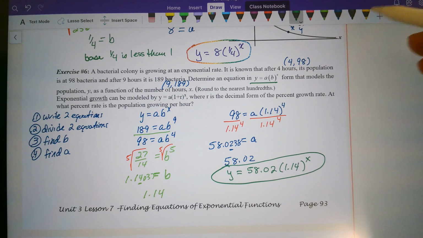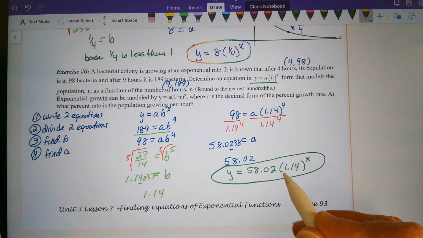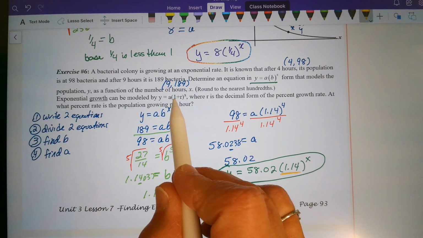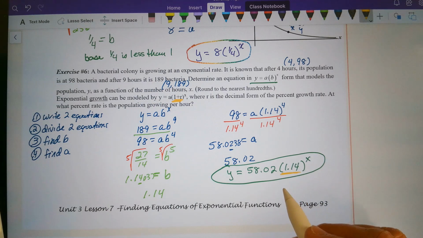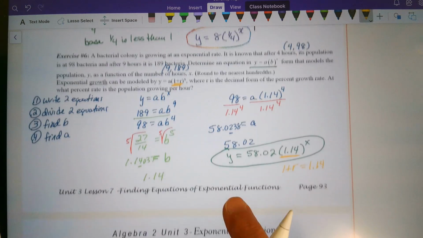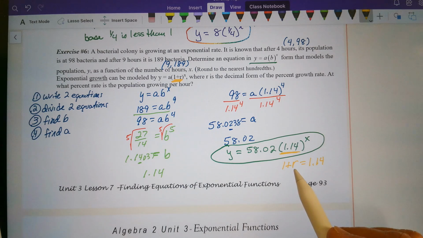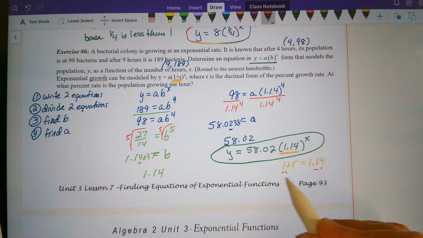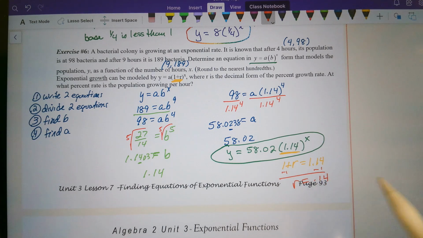So in other words, we want to take just the base piece of this and rewrite it as 1 plus r. Well, 1 plus r has to equal 1.14. So what is r? 1 plus what gives us 1.14? Well, just subtract 1 from each side here. And we have that r is equal to 0.14.